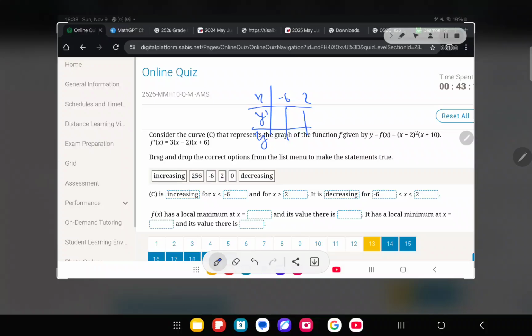It was, if I remember, like this, and it increased. So that means x equals -6 is local max, while over here it's going down to up, meaning that x equals 2 is local min. So let's put here -6 for max, and when we substitute -6 into the original formula, we get 256, and when we substitute x equals 2 over here, you get y as 0.